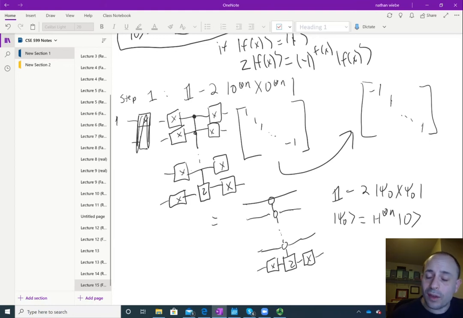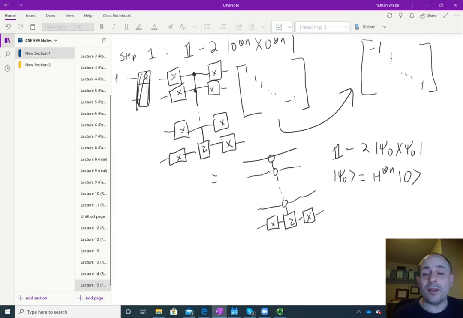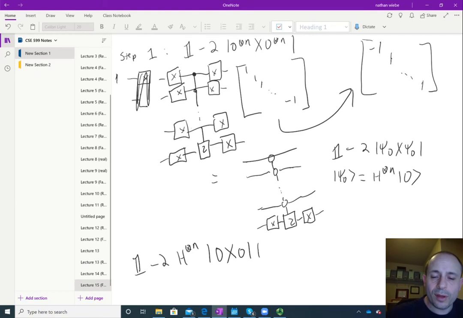So in that case, this circuit can be expressed as identity minus 2 Hadamard tensor n, 0, 0, Hadamard tensor n. And here I've just used the fact that Hadamard dagger is equal to Hadamard. So that's why there are no daggers on this one.